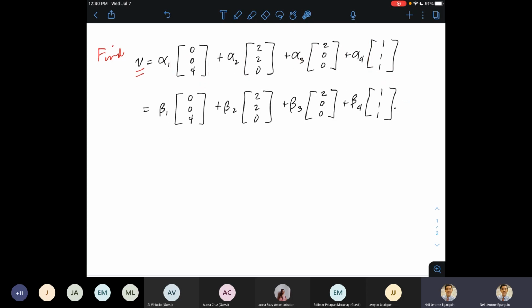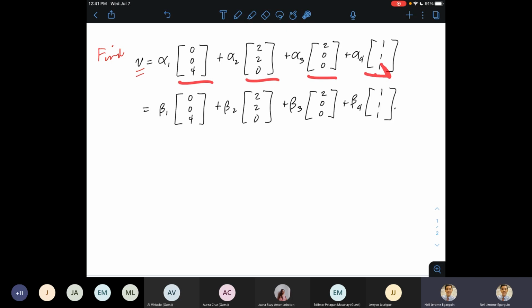I'm looking at these vectors. I'm trying to see which one of these four can be written as a linear combination of the other three. That's how I'm approaching the problem.